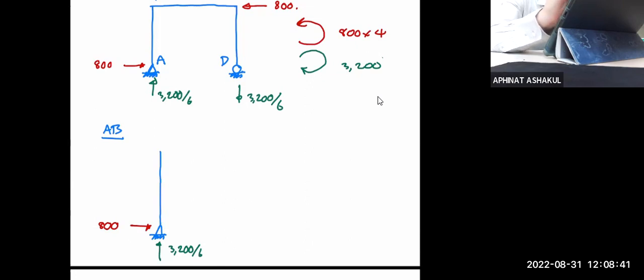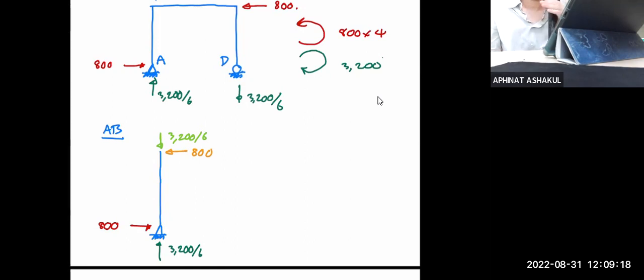So I will try to use a different green. Now you know it has to be equal and opposite over there. So it's 3,200 over 6. And of course, this will be 800. Now you know the two 800s do not coincide, so you better have moment. Otherwise, your member is not balanced.